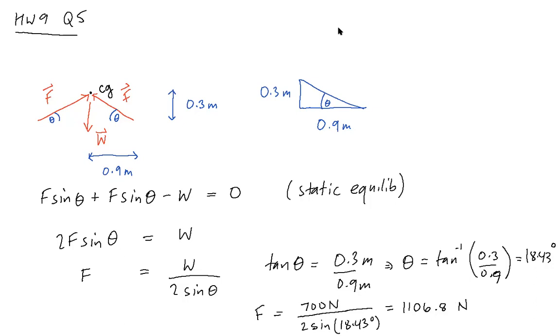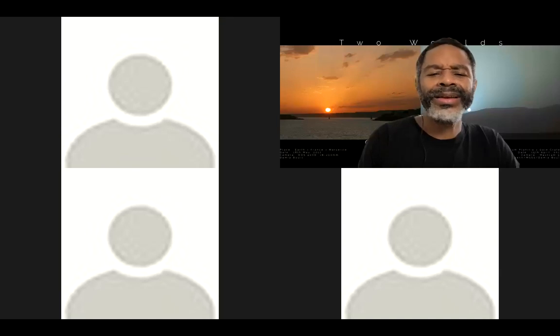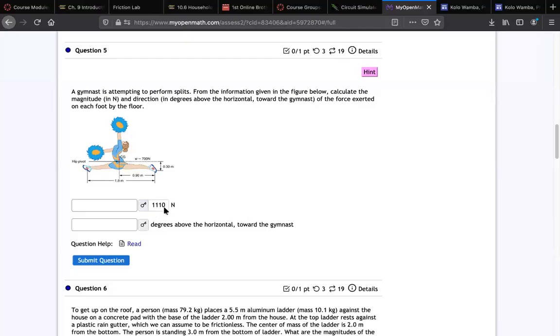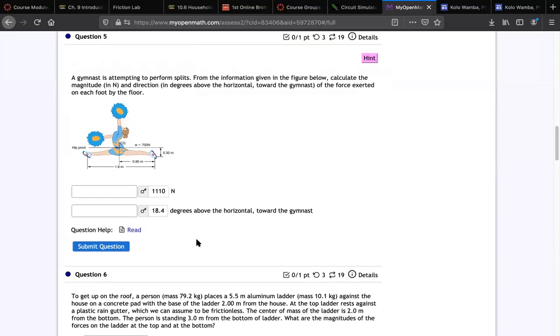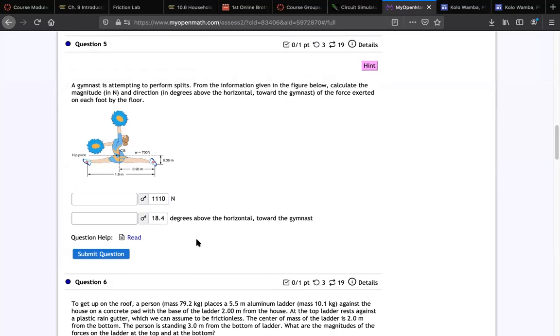Oh, sorry, they round it to 1110 newtons, 3 significant figures. And then this was 18.4, also 3 significant figures. Okay. And so that's how you approach that one.